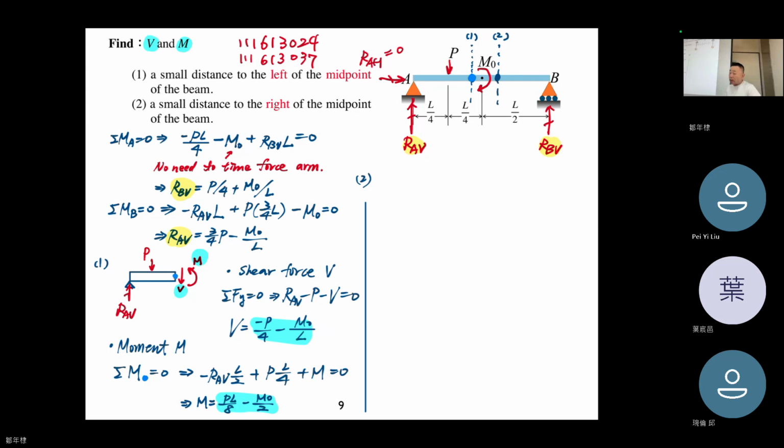Now, let's do exactly the same thing and make the second cut. So the second cut we draw here. Okay, and sorry, I should directly draw the force.